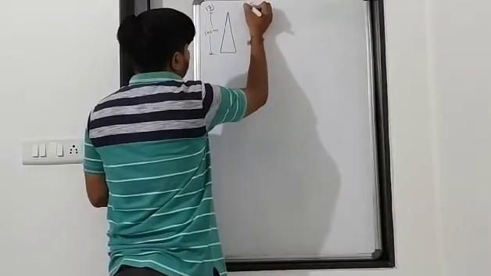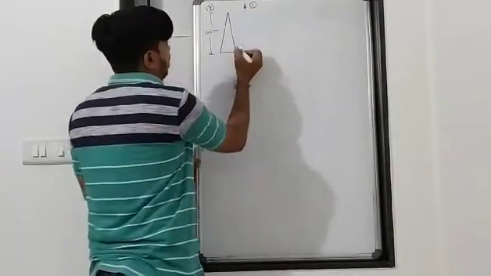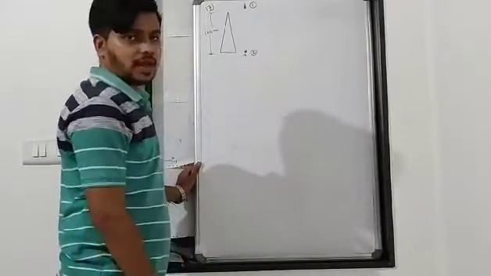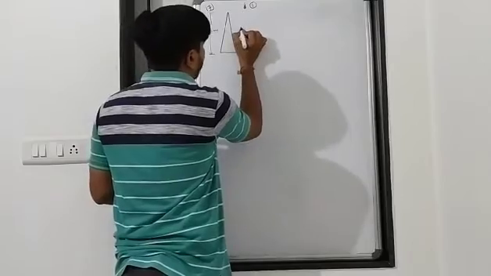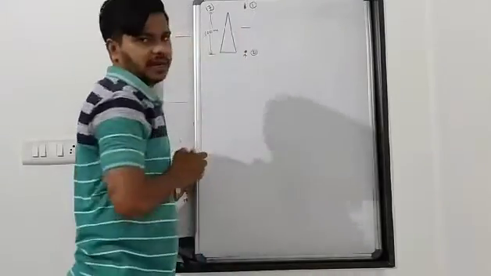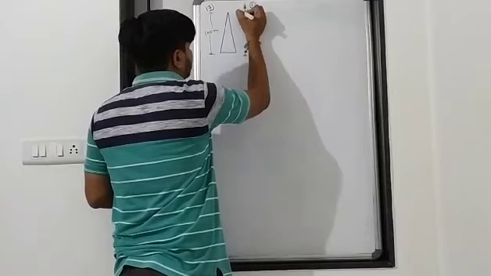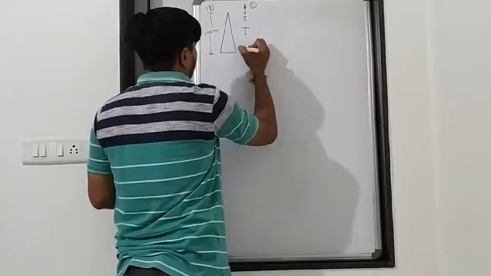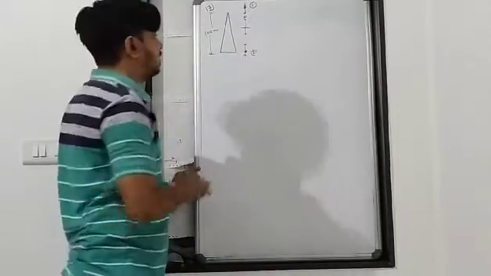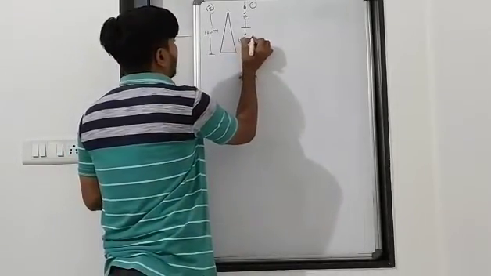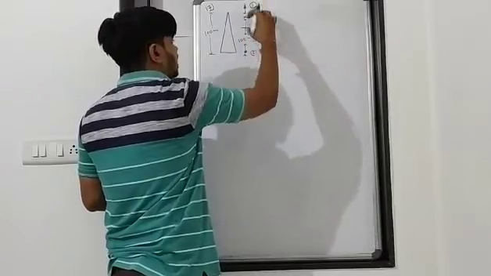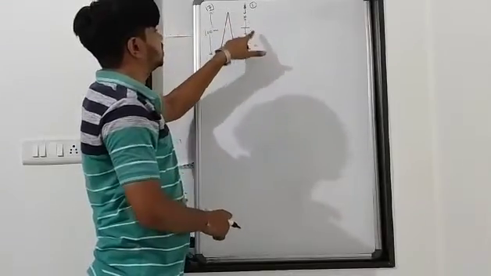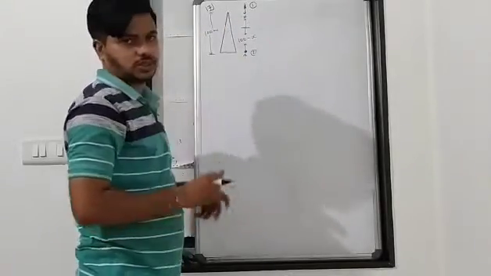If we think this is the first object, and another object is moving in an upward direction as a second object, and we think that they both meet at this point, and this distance is x, then this distance becomes 100 minus x. The total is 100, so if you subtract x from it, you get this distance.